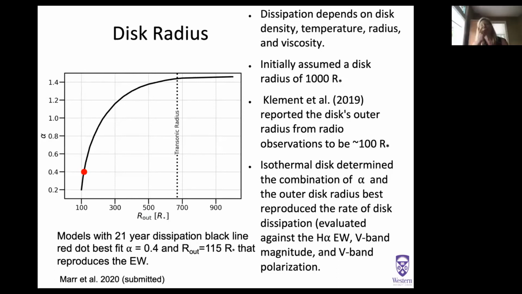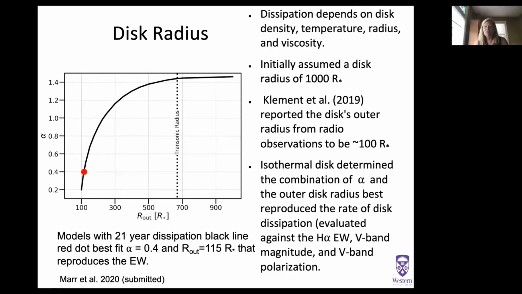What he found when he initially did it was that he couldn't get the outermost part to dissipate quickly enough, and he needed a fairly significant value of alpha. And remember, I said that alpha speeds things up for the higher values of alpha. The first time through, he modeled it and got an alpha of 0.8.